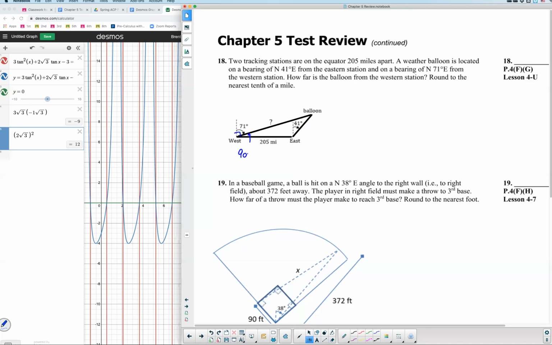So I can say this is 90 minus 71, which is equal to 19 degrees. So I got that angle. And I can say this angle right here, that's a 90 plus 41. So it's 90 plus 41. So that's 131. And if you know 2 angles, you can get the third by subtracting from 180.